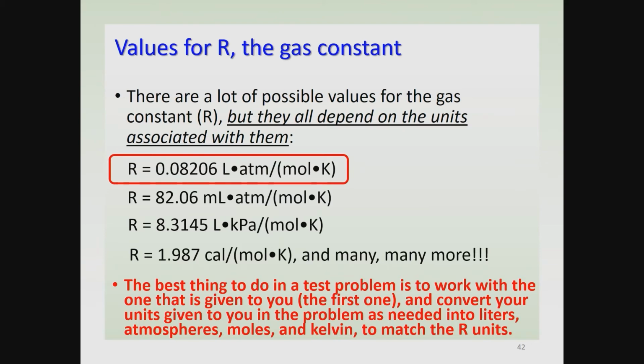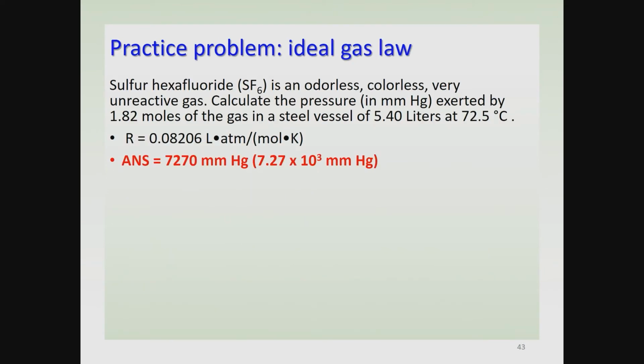You can use that value of R if you take each of those properties of the gas and make sure they are in the appropriate units. So volume must be in liters, pressure must be in atmospheres, and temperature must be in Kelvin. And then there's going to be some amount of gas, which will hopefully be in moles.